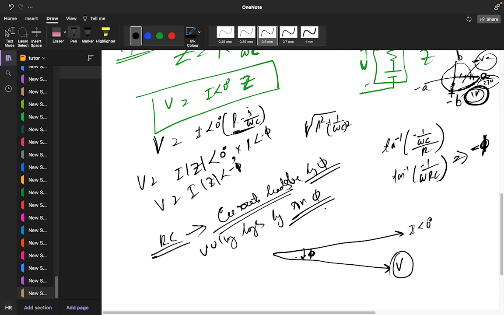Understood, guys? Or is anyone having any problem? Vaishnavi, understood? Priyanka, understood? Prasanna? Clear, sir. Clear.